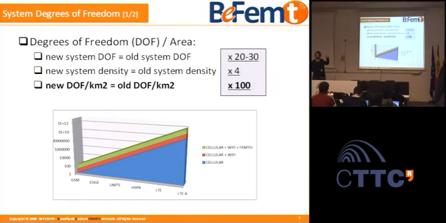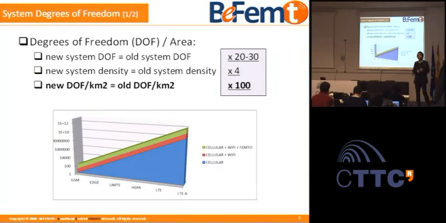And if you look through the documents, you figure out that every time you introduce a new system, the amount of degrees of freedom you're introducing is increasing by a factor of 20 to 30.